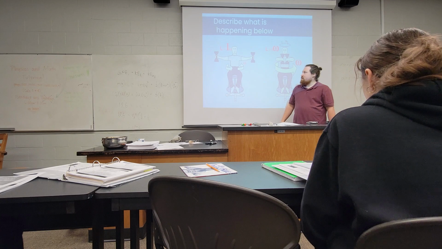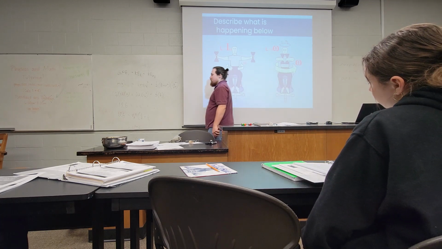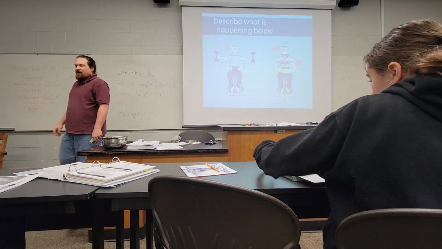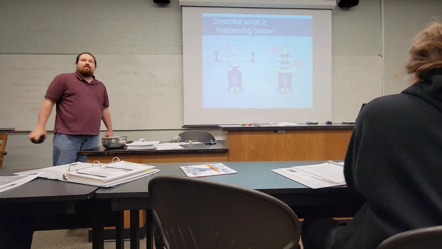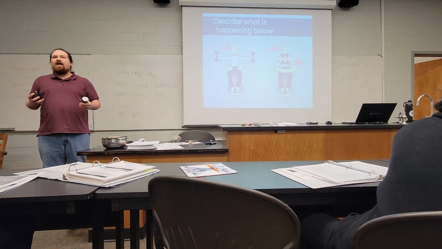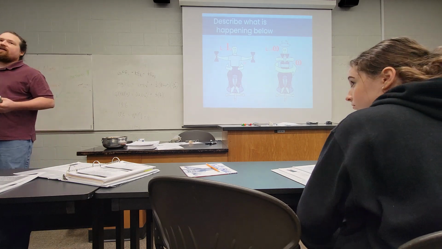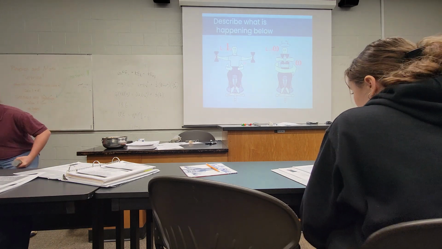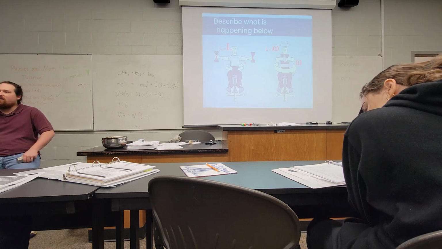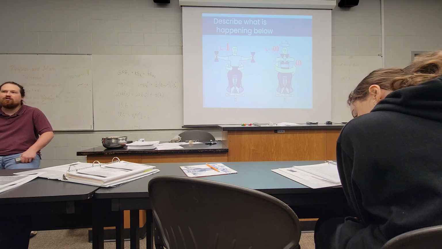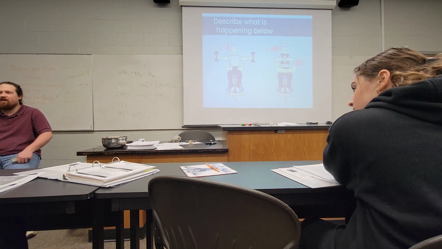And if I'm spinning, I have a certain amount of angular momentum. If I pull my arms in, I am changing my moment of inertia, not because my mass changes, but because my radius changes. And if you change moment of inertia on the fly, velocity has to change so that your momentum stays the same.